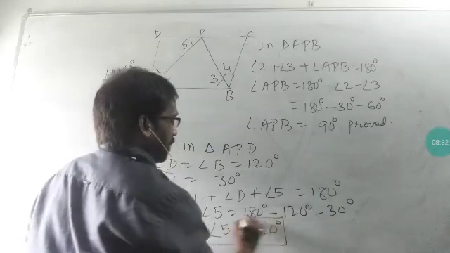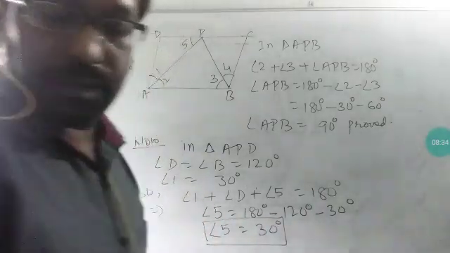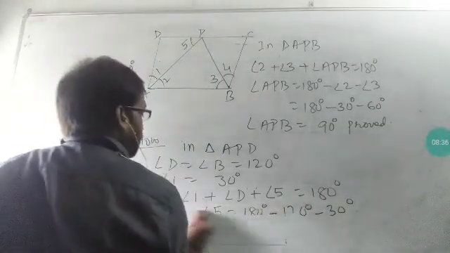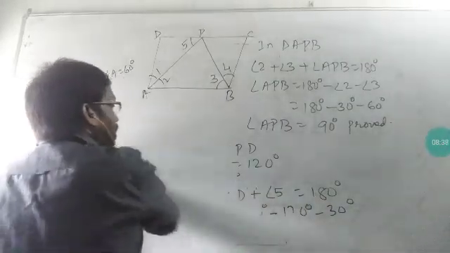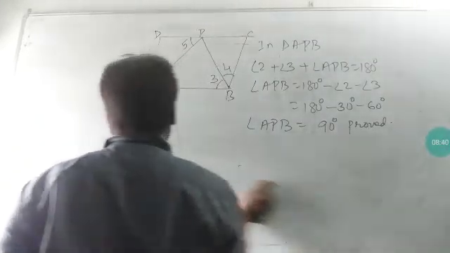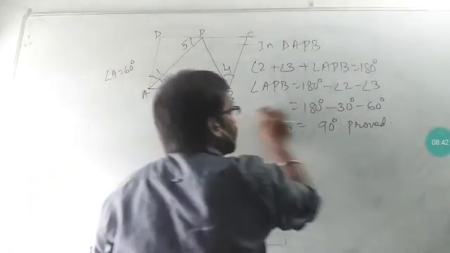So angle 5 comes to 30 degrees, which is equal to angle 1.